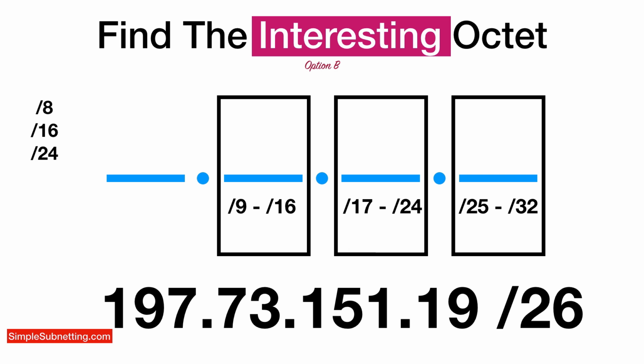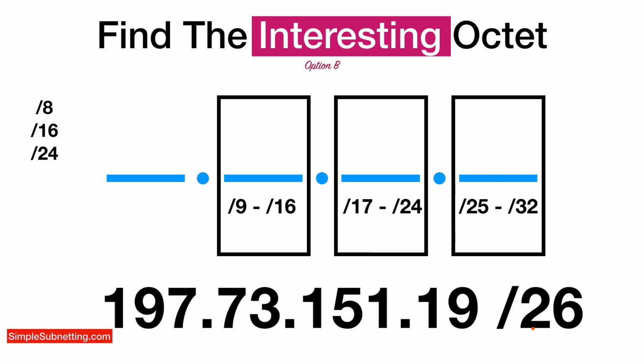Now, if they give you the CIDR, that's a little bit different. One of the best things about subnetting is that it's only going to be either this one, or this one. Now, these numbers will not be on your exam day, but you can memorize them, or you can just stick to the defaults of knowing that /8 is A, /16 is B, and /24 is C. So what I like to do is go A, B, C, or go 8, 16, 24.